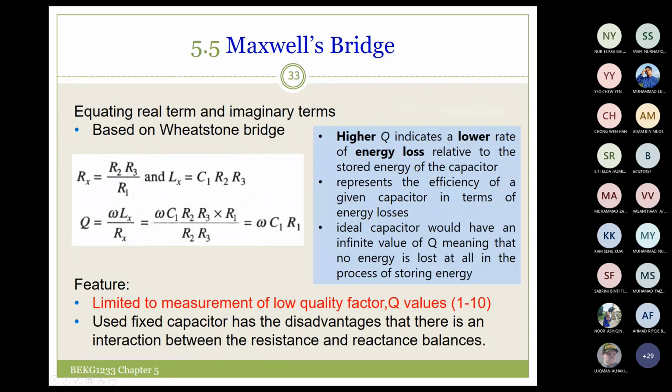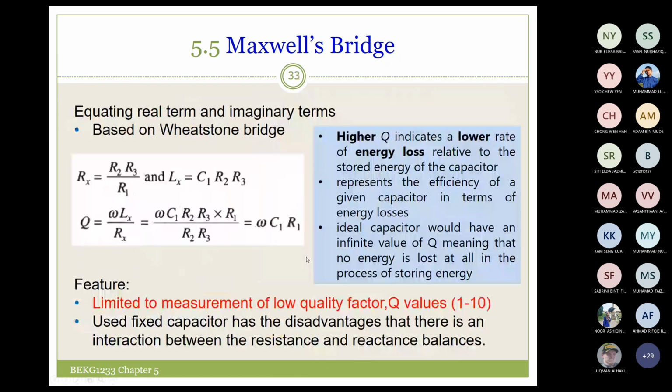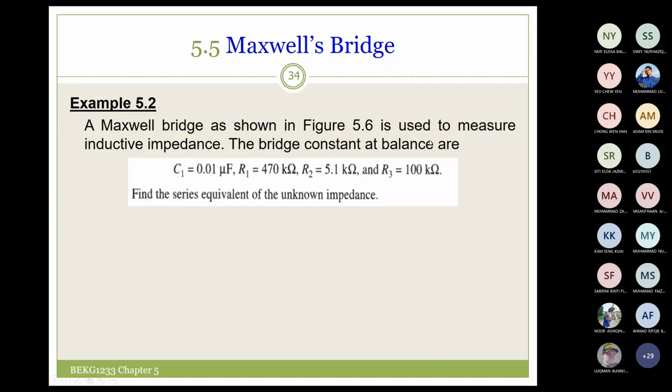Before we go to the Hay bridge, let's go to example 5.2. In this example 5.2, a Maxwell bridge as shown in figure 5.6, which we learned, is used to measure the inductive impedance, where the bridge constants at balance are C1 equal to 0.01 microfarad, R1 is 470 kilo ohm, R2 is 5.1 kilo ohm, and R3 is 100 kilo ohm.